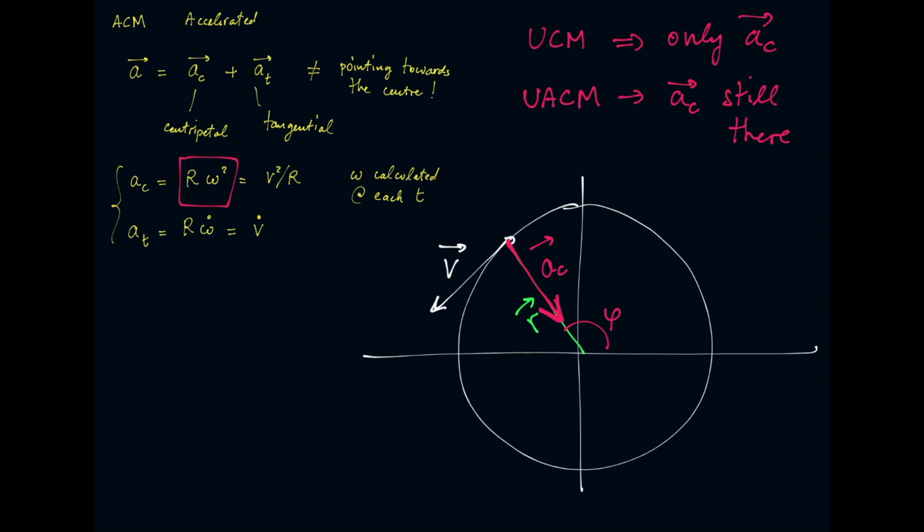But this will have to be added to a tangential component, which depends on whether you're slowing down or speeding up. If you're speeding up, then you also have a positive tangential acceleration, so that the overall total acceleration is somewhere in this direction. This is for speeding up.